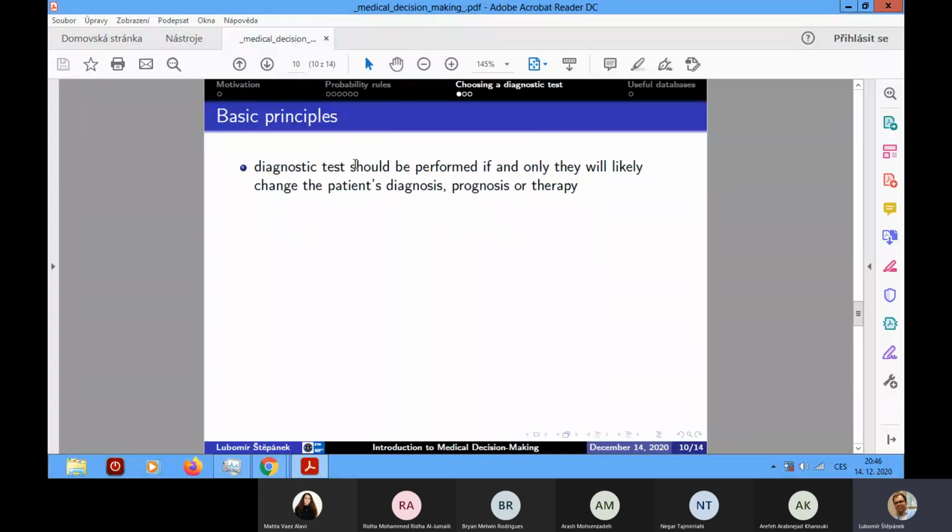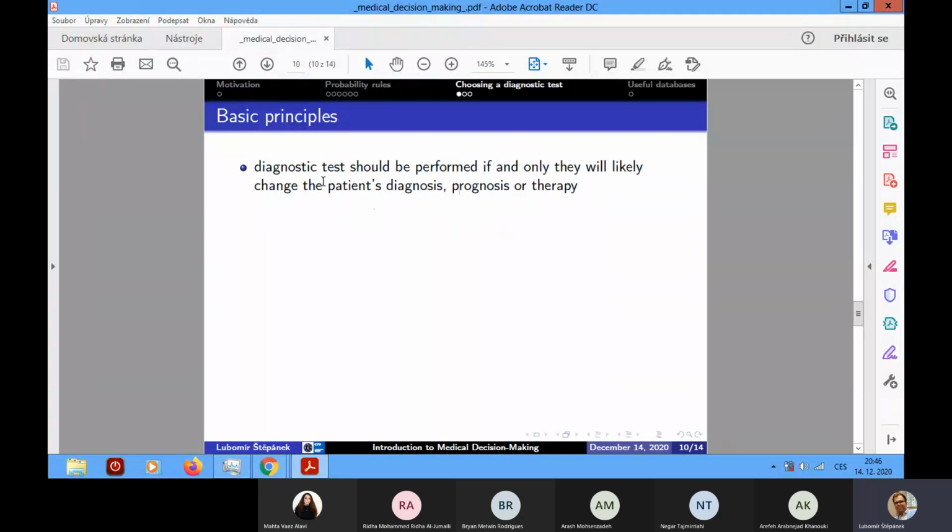So there could still be some exceptions, because medicine is a very complex science. It means there could be situations where we change our mind after the result of the test.